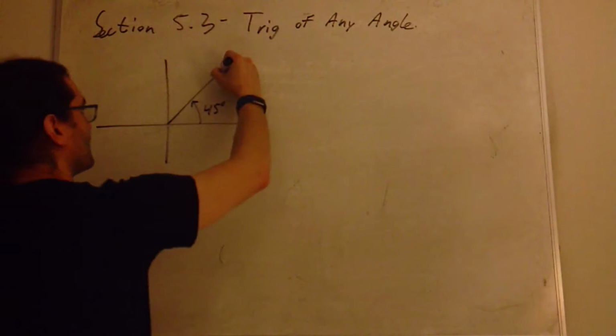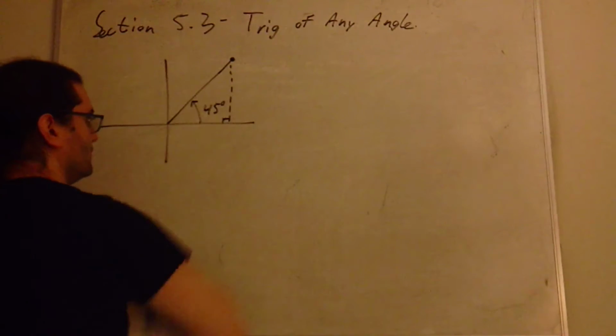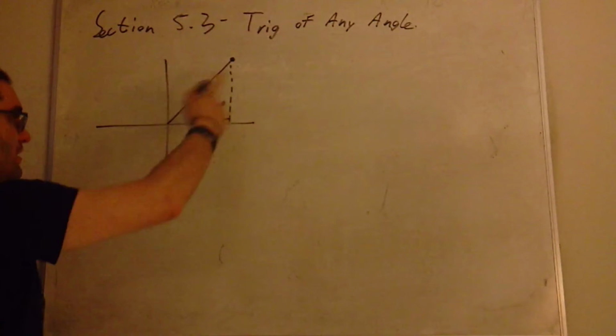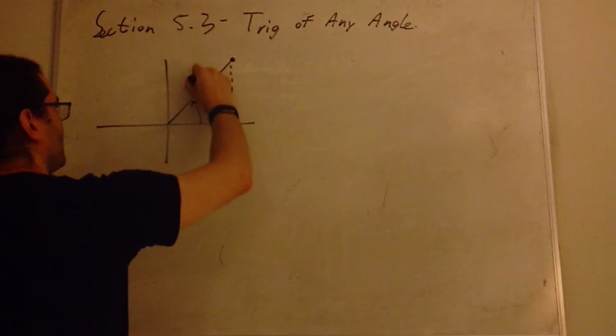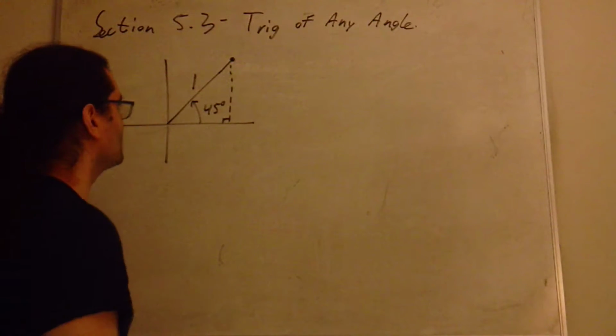Using this 45-degree angle, we can drop a vertical to the x-axis. That'll make a triangle, a right triangle. In fact, this will make a 45, 45, 90 right triangle. So we can say that this hypotenuse is 1. That's going to be extremely convenient for us.